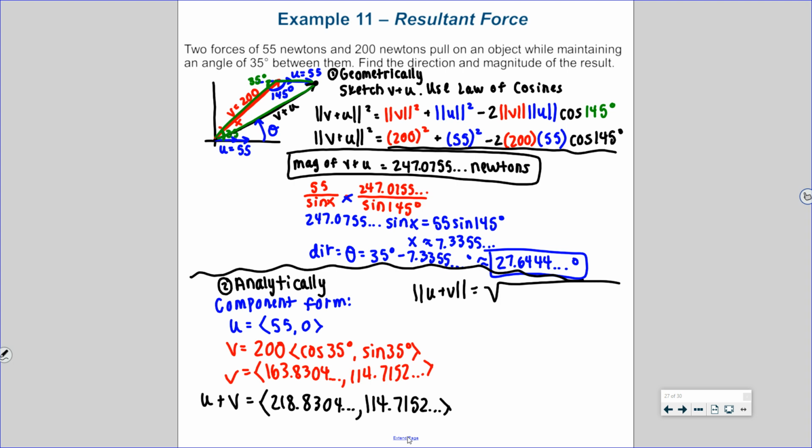And I'll draw a picture in a minute. Okay, I'm not going to write the whole decimal, I'm just going to do 0.8, and you get that same answer that we got up there. It's the magnitude of the resultant.